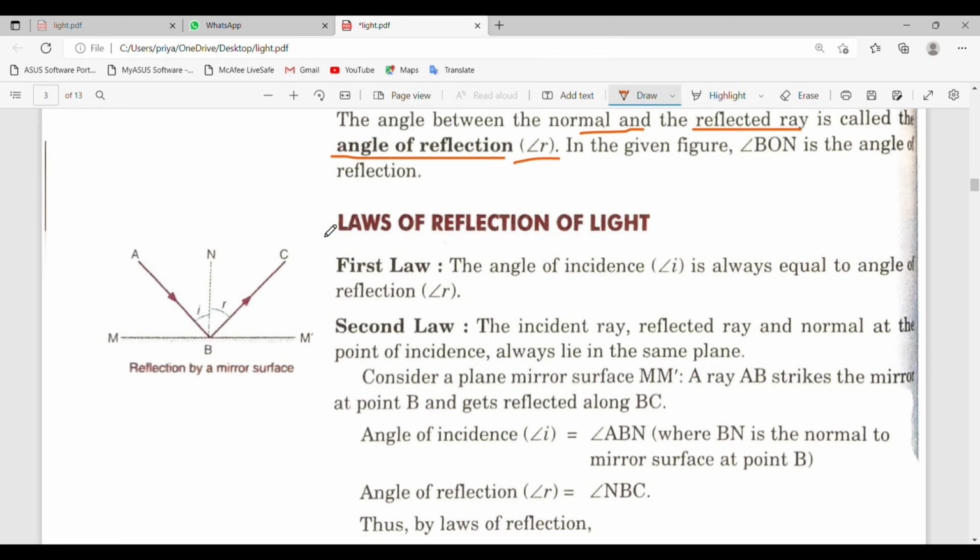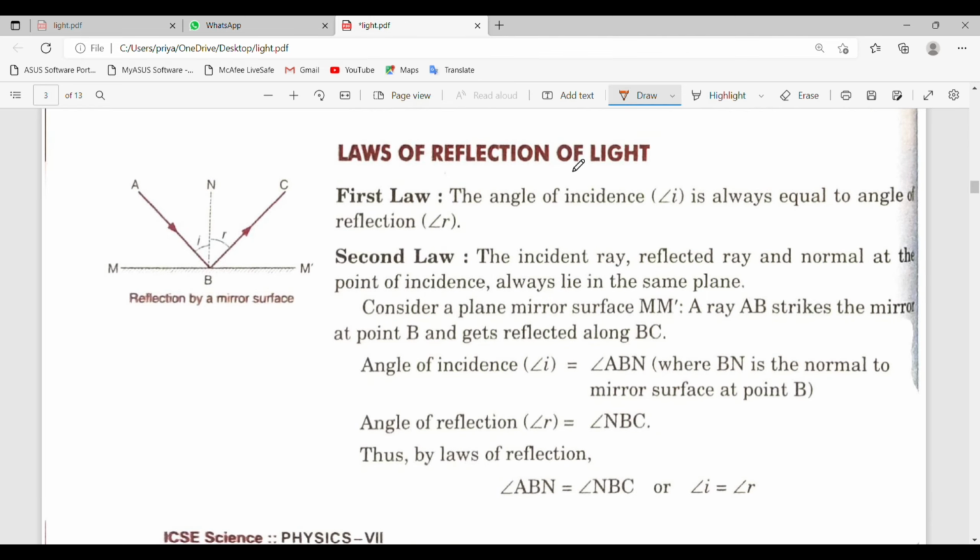Now here come the laws of reflection. The first law of reflection says that the angle of incidence and the angle of reflection are always equal.